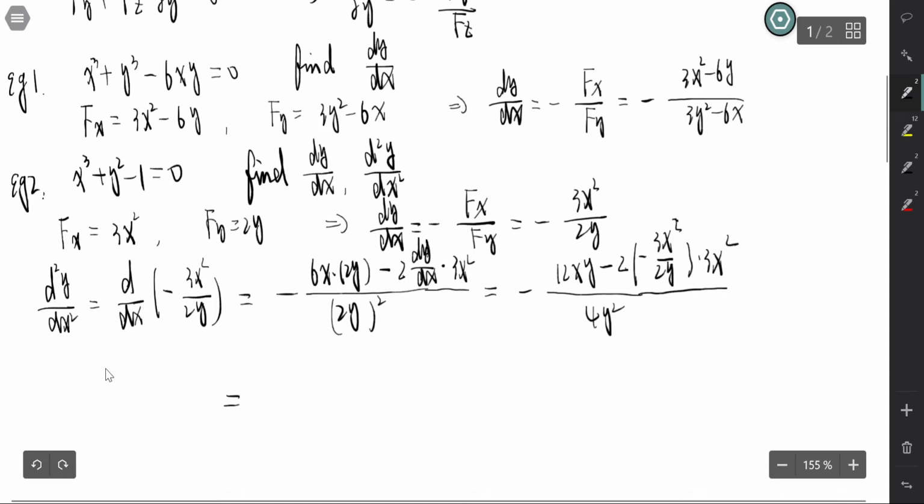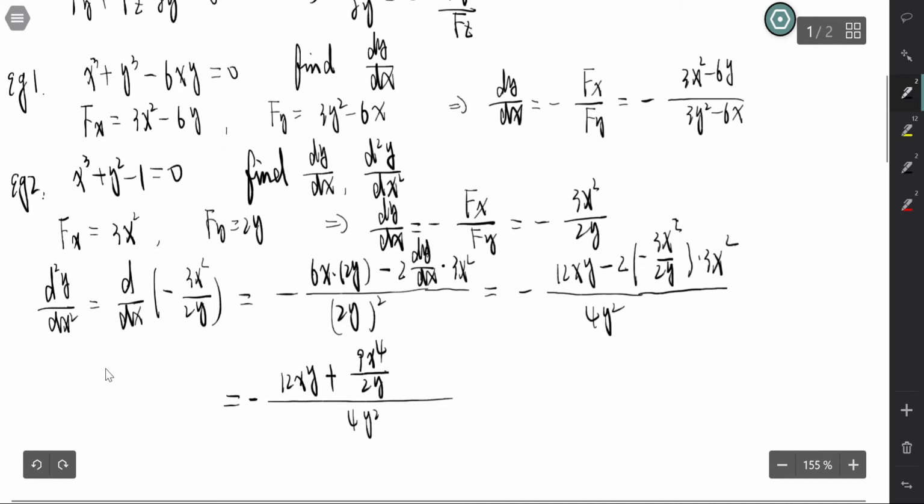That is negative over 4y squared, times 12xy plus 18x to the fourth over 2y.